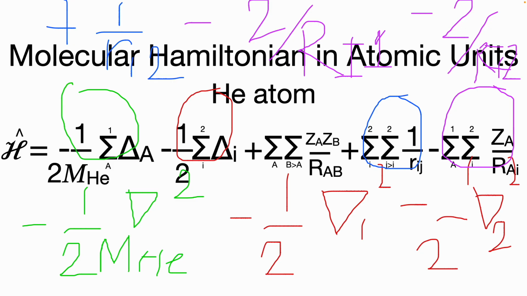In this Hamiltonian, it is interesting to note that if we did not have this term, that is the electron-electron repulsion term, we could separate the variables.